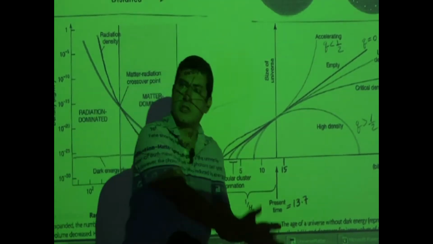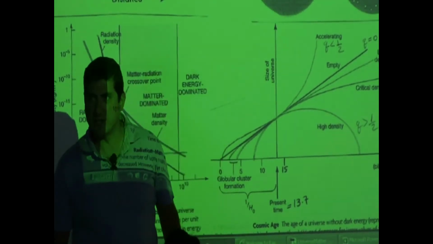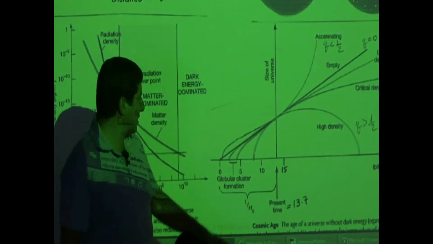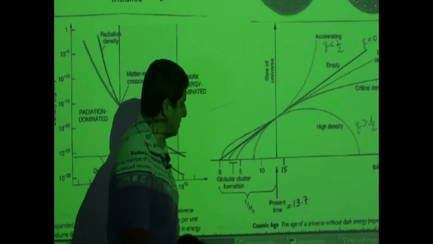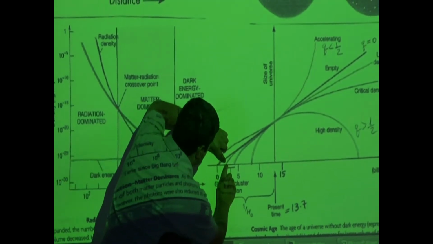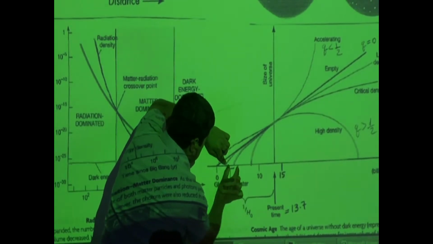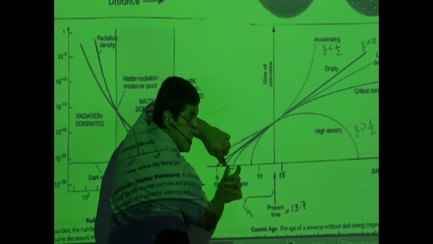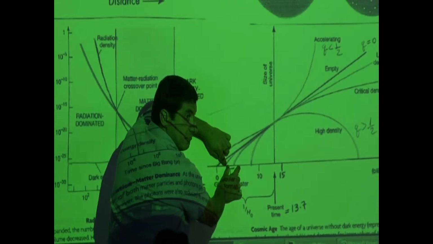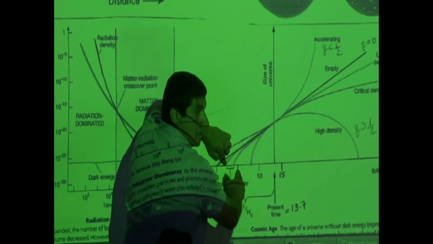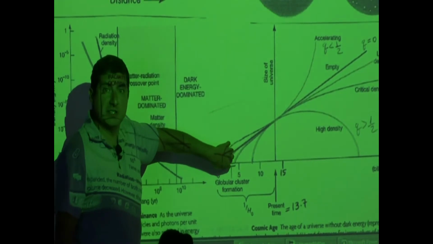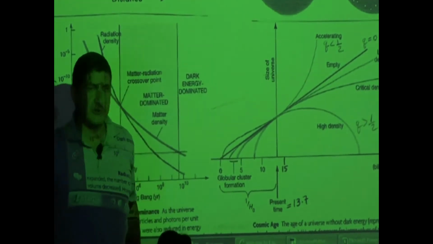If you find anything older than that, you can rule out that model. You see that? So that's another way of determining which one we live in. If you live in this one, around 11, the universe is 11 billion years old. You see? If you go and you find an object 12 billion years old, you've ruled out that model.